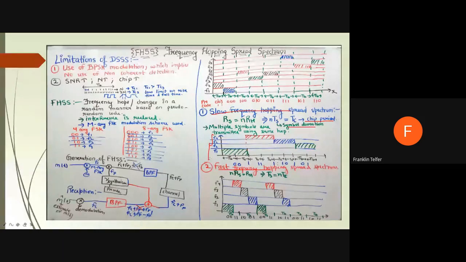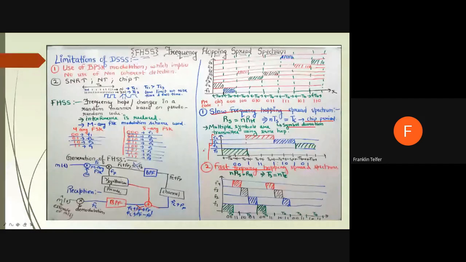In slow hopping, multiple symbols are transmitted on the same hop. If you take any two bit duration symbols, and a chip period, both can be combined and transmitted in a corresponding frequency.